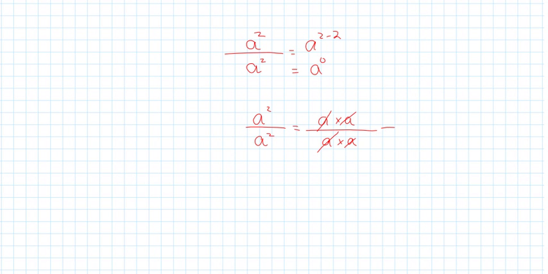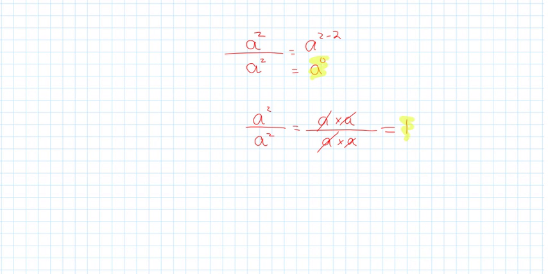But if I follow the exponent rule, it says a to the power of 0. These two answers are exactly the same. A to the power of 0 is 1, and that works for every single base. As long as my exponent is 0, my answer is 1.